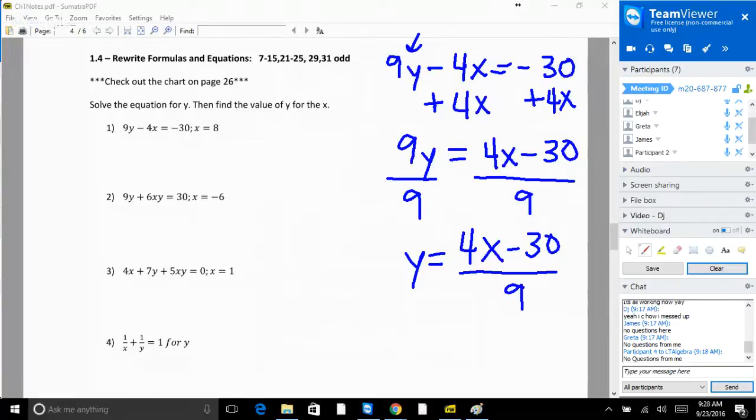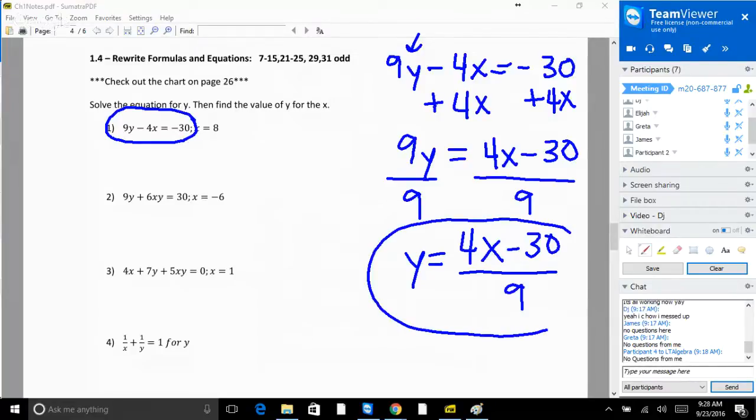Okay, so one point I wanted to point out is this equation right here and this equation that we solved for should be the same equation. Okay, they're just written in different forms. We didn't do anything to the equation to change it. We're just rewriting it.